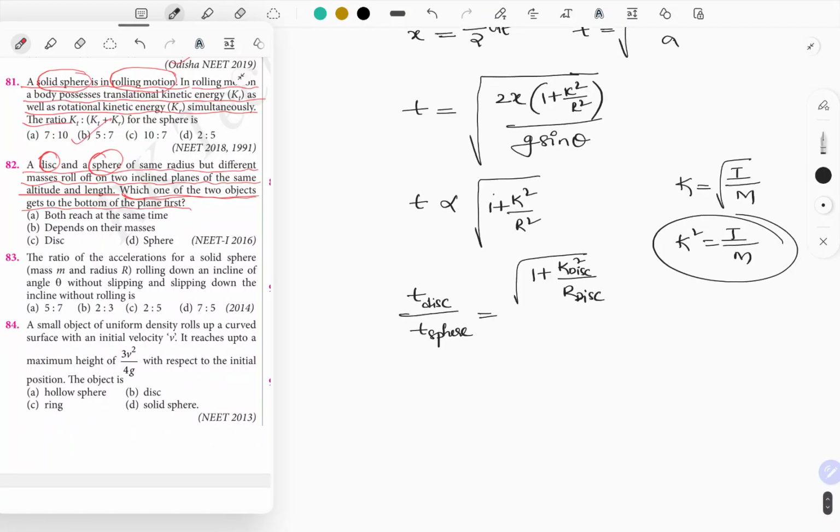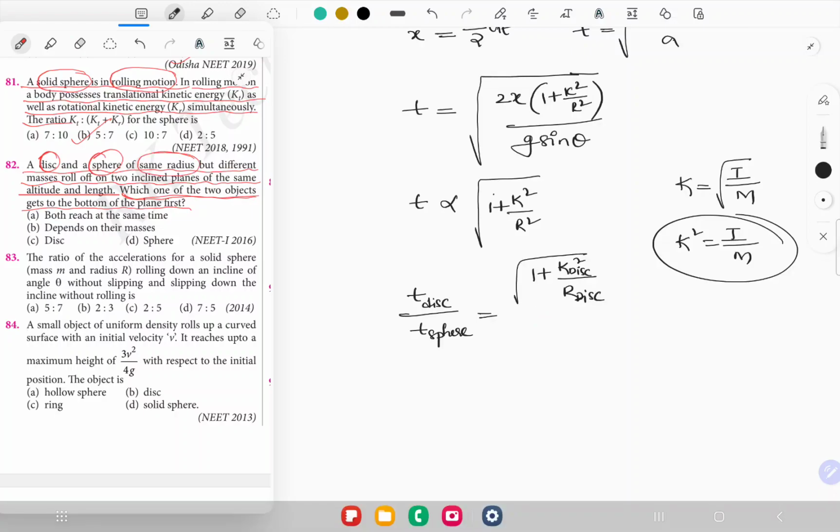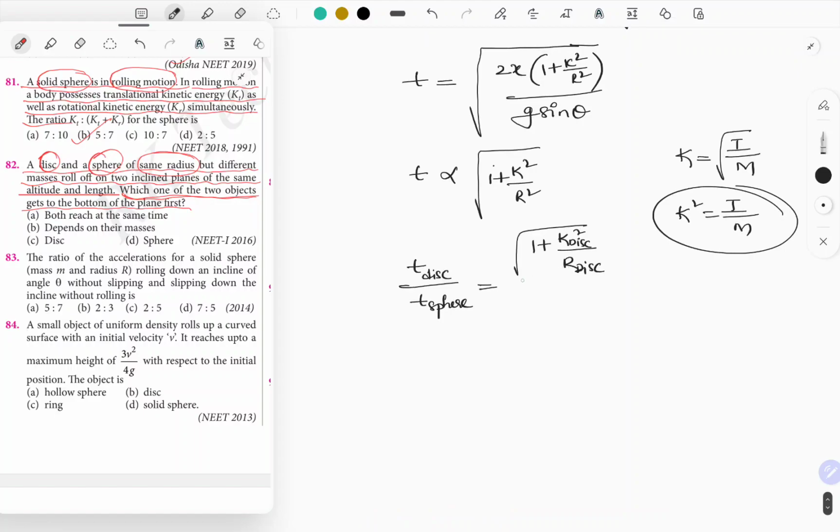They said the radius of both the disk and the sphere is the same, right? Here in the question itself it is given. They have the same radius. It doesn't mean that the radius of gyration is the same.